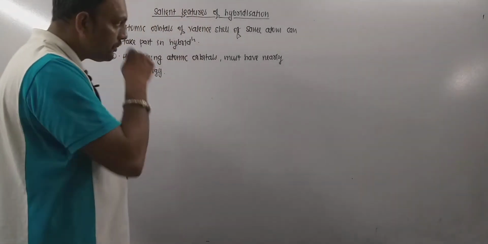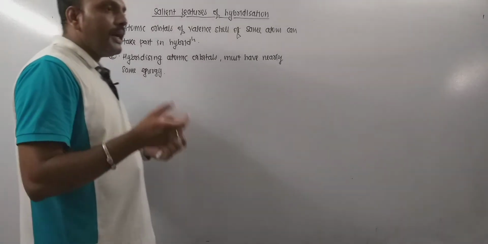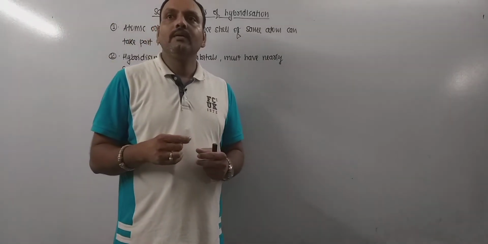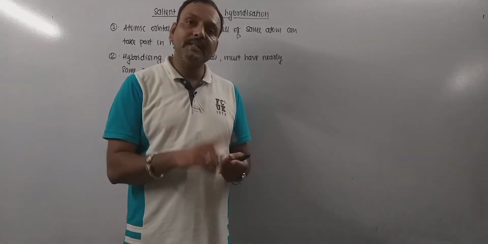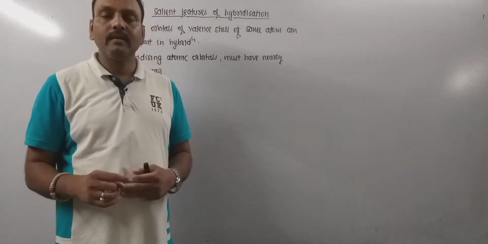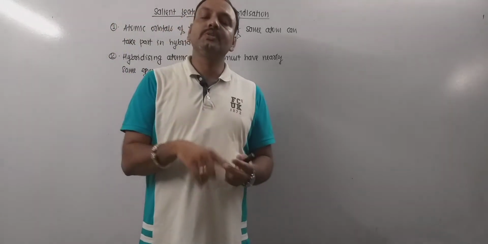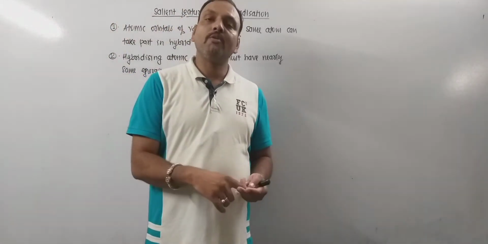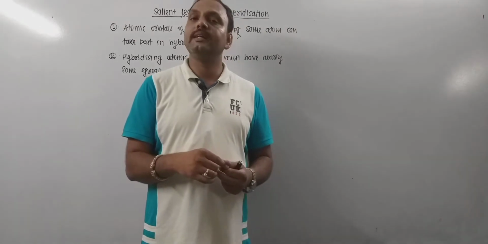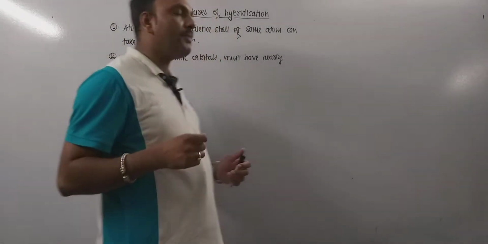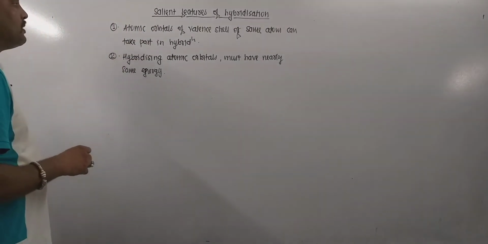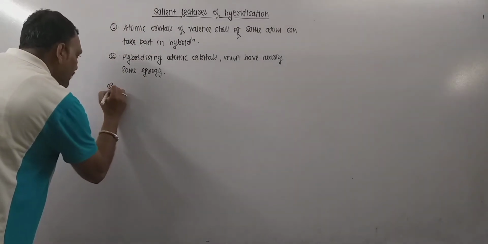difference in energy. Now, atomic orbitals having an unpaired electron can participate in the process of hybridization. Atomic orbitals having a pair of electrons, fully filled orbitals, can participate also. And sometimes empty atomic orbitals are also involved in the process of hybridization.